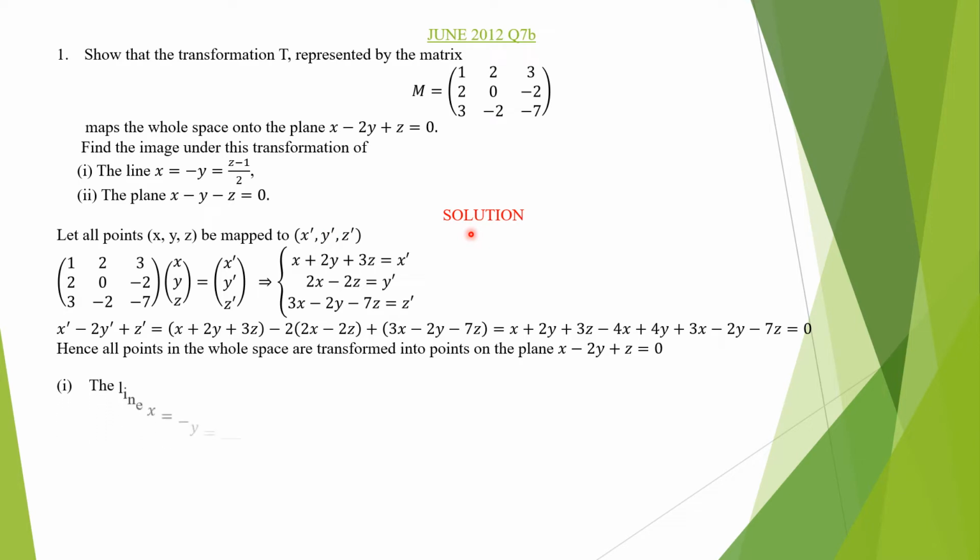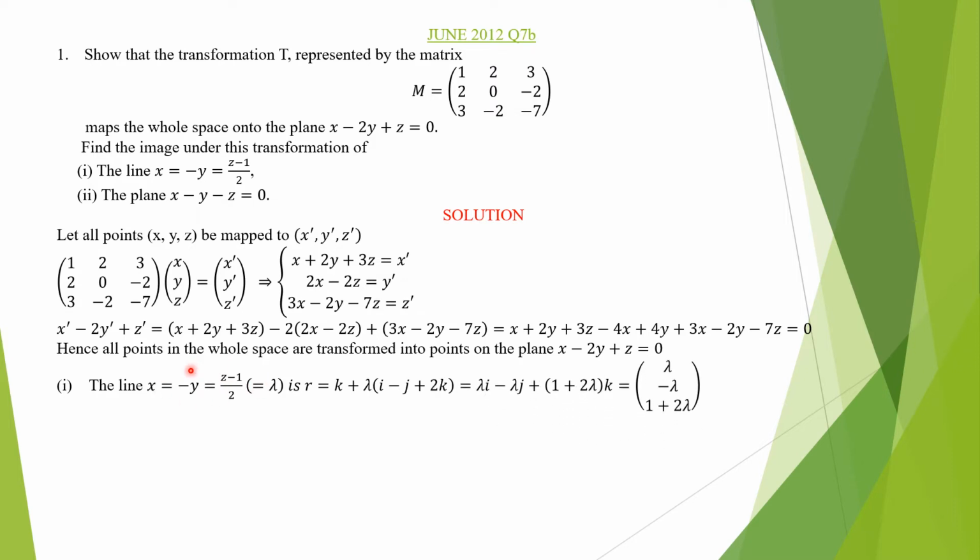Okay, Roman 1. So the line, which is in Cartesian form, let's just say it's equal to lambda. Converting this particular Cartesian equation into a vector equation, we have r equals k plus lambda times i minus j plus 2k.